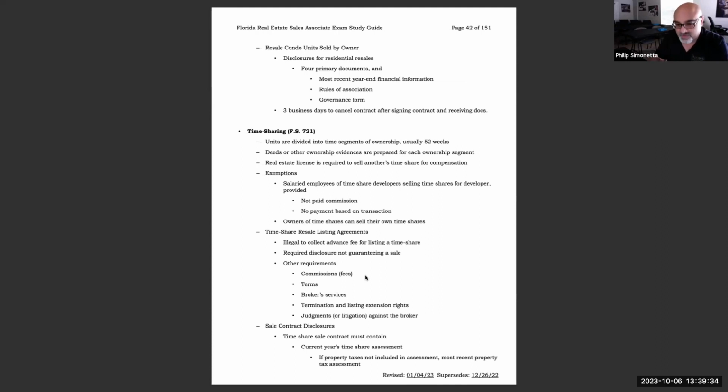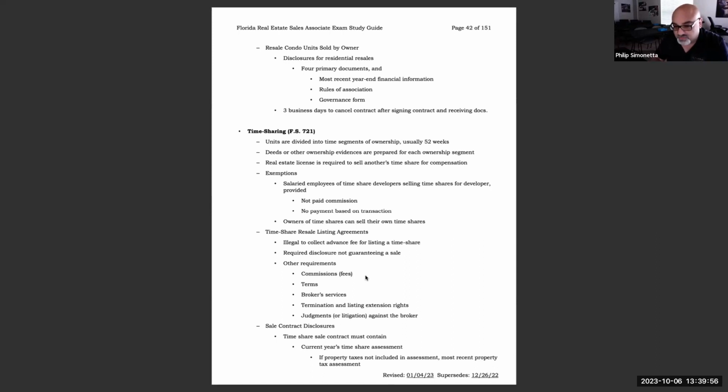Timeshare resale listing agreements: it's illegal to collect advance fees for listing a timeshare. Required disclosure: not guaranteeing a sale. Other requirements are what the commissions are, the terms, the broker services, termination and listing extension rights, and if there are any judgments or litigation against the broker.